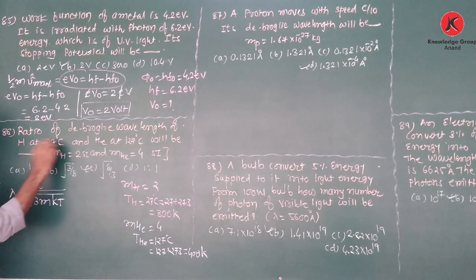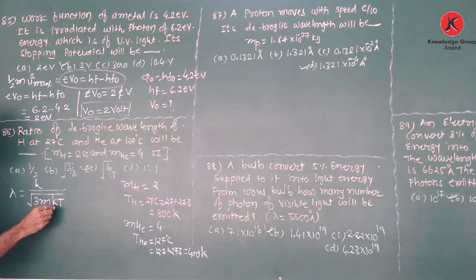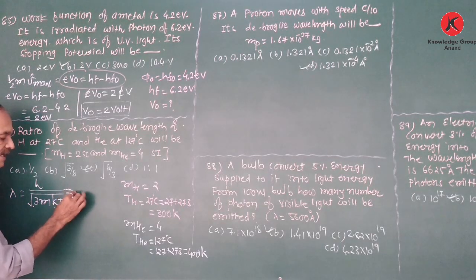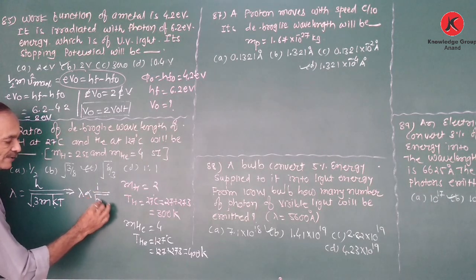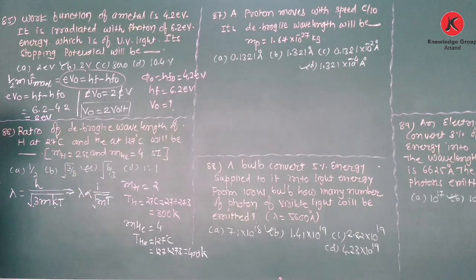Now for given hydrogen and helium, the Boltzmann constant is constant, k constant, h constant. Therefore, lambda is proportional to 1 upon under root of m.